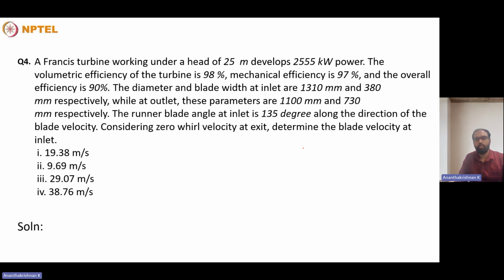It develops this much power, and all the three efficiencies are given. Diameter and the blade width values at the inlet and the outlet are given. The runner blade angle θ1 at the inlet is also given.